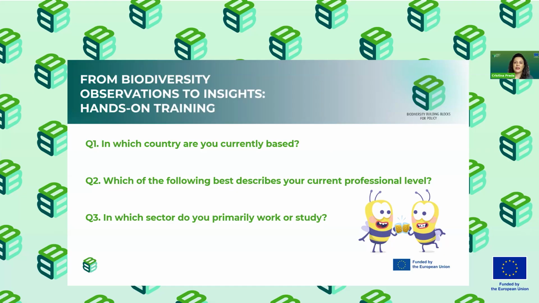We do have a nice distribution with people that are in the early stages of their careers. We have master students and PhD candidates with us, postdoctoral researchers. So these would be the main categories, but also people that are more advanced in their careers and have a bit more experience.